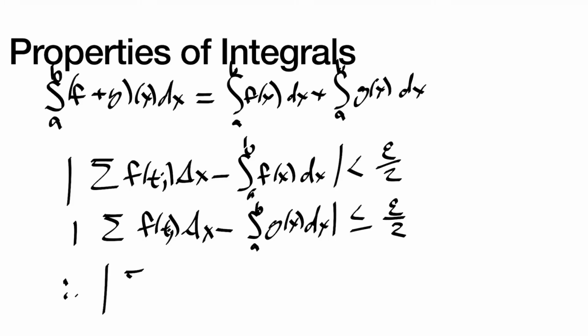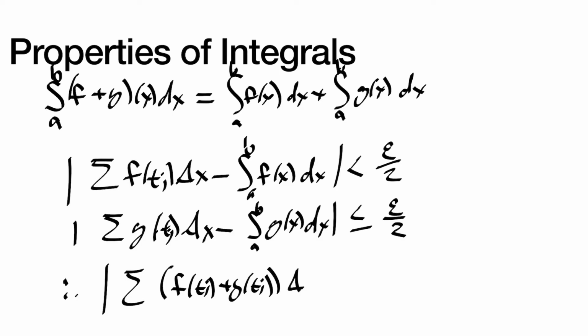Okay, so this difference is less than epsilon, so therefore the sum of f, oh, sorry, this should have been a g here, shouldn't it? This should have been a g of tj's. This should be the sum of f of tj plus g of tj with our delta x's.